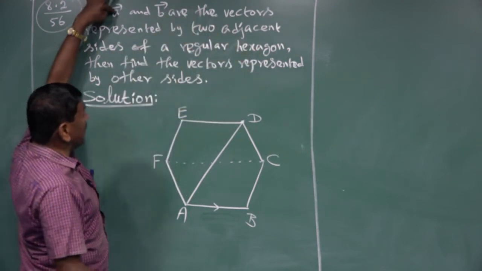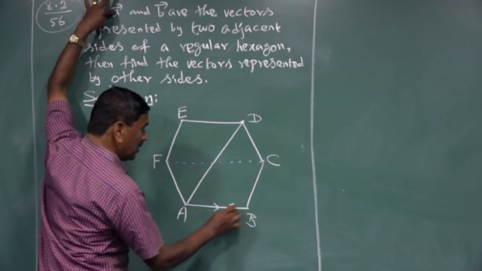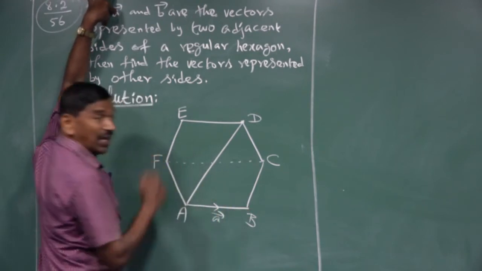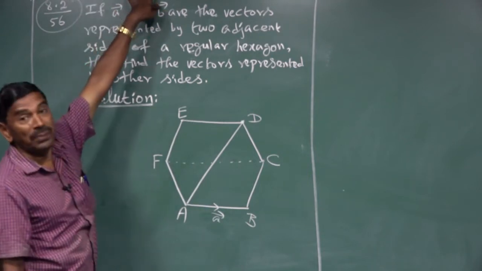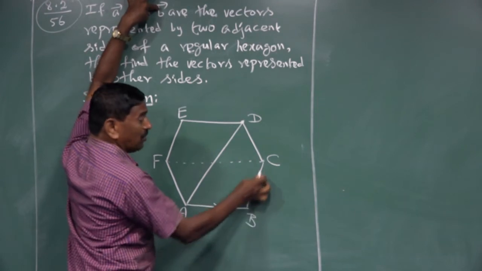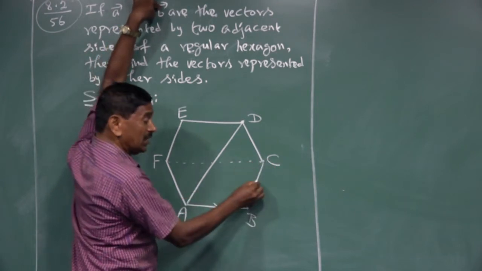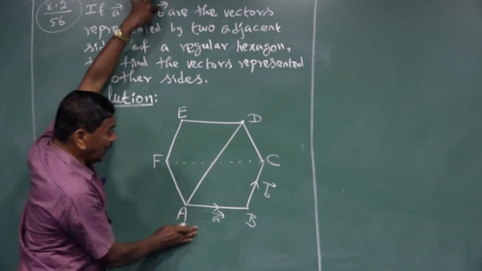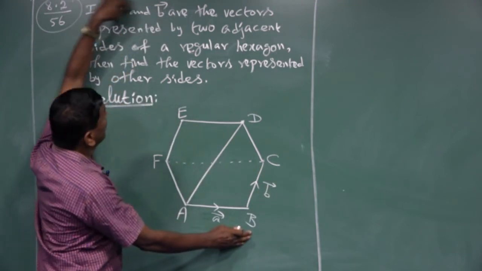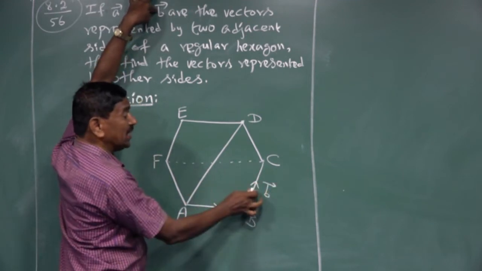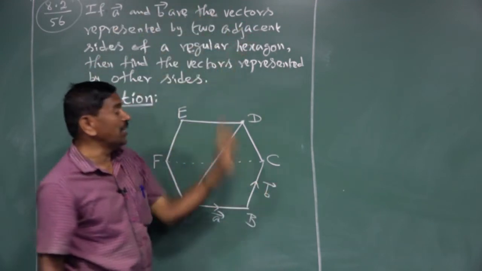So let vector AB be equal to vector A. Next, come to vector B. Let vector BC be equal to vector B. These are two adjacent sides of a regular hexagon given.